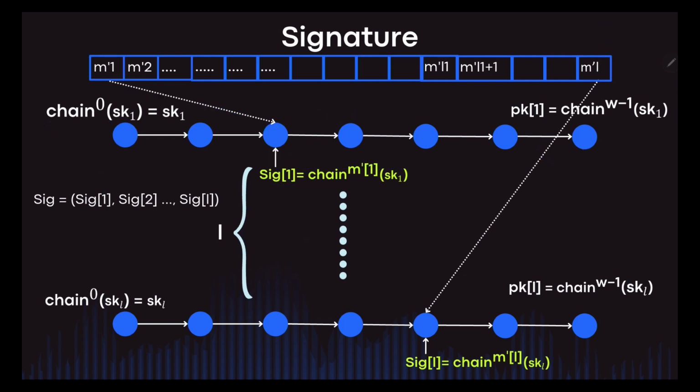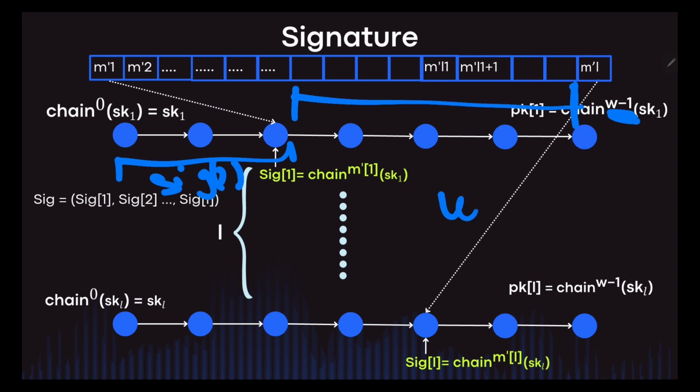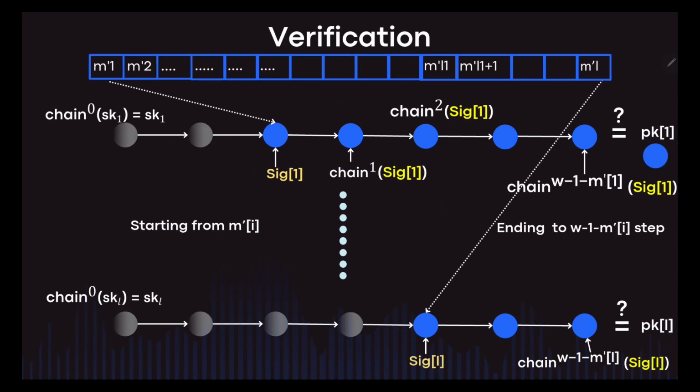Also this length is w minus 1. So if we consider this as the sign 1 length, then this length we'll need to take as w minus 1 minus sign of 1. See, here is an example.